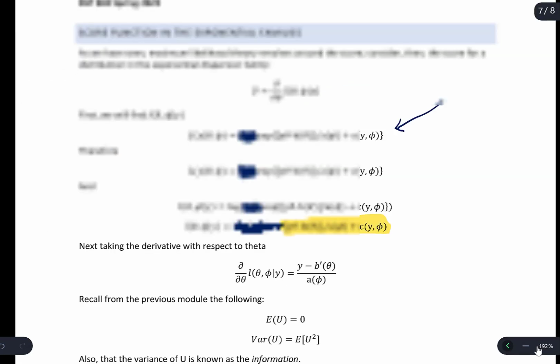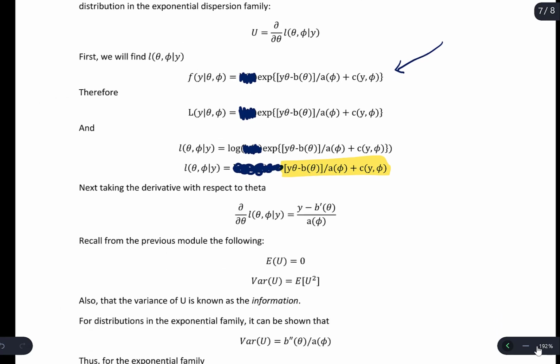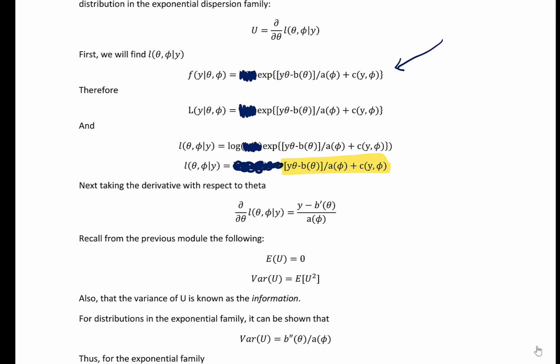So the next piece we want to do is take the derivative with respect to theta. And notice here a of phi is going to be a constant. So if we take the derivative with respect to theta, we get the following. So this is the score function when you have an exponential dispersion family. And so notice here we've got that b of theta function in here.